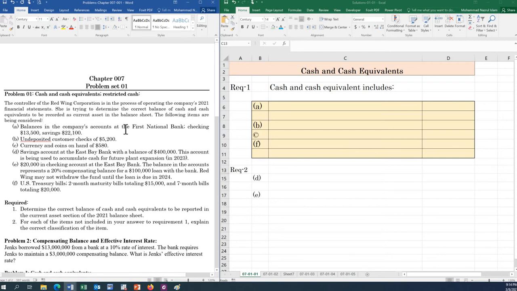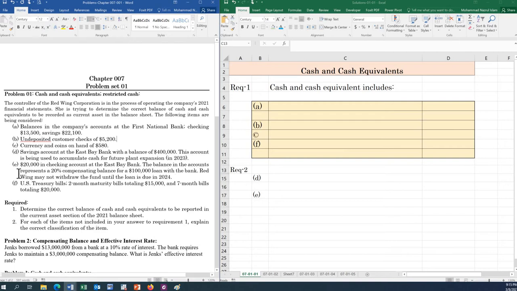The balances in the company's accounts at the First National Bank, checking 13,500 and savings 22,100, undeposited customer checks of 5,200, currency and coin on hand is 580, and a savings account at the East Bay Bank with a balance of 400,000. This account is being used to accumulate cash for future planned expansion, and then 20,000 in the checking account at the East Bay Bank.